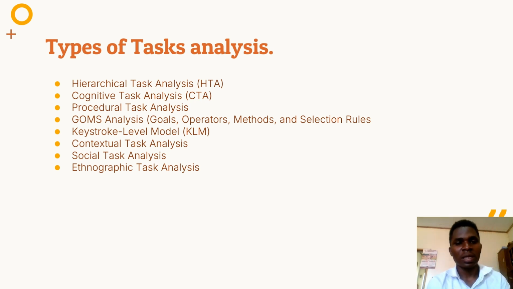That's to say, this type of task analysis basically looks at the goals a user wants to achieve, and so on. Then the actions or operations that he undertakes to complete the goals or to achieve the goals.